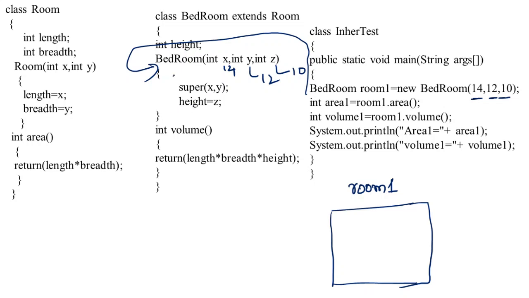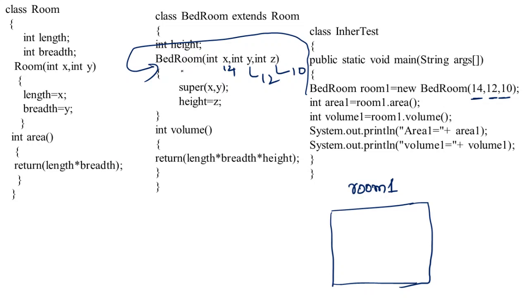If you observe carefully, bedroom is the subclass constructor. A subclass constructor is used to construct the instance variables of both the subclass and the superclass. The subclass constructor uses the super method. We can use the super method only with the subclass constructor.